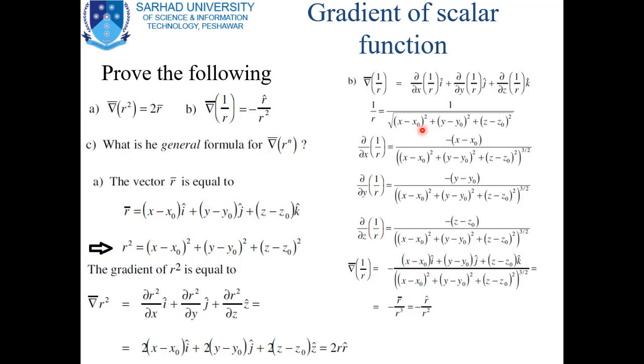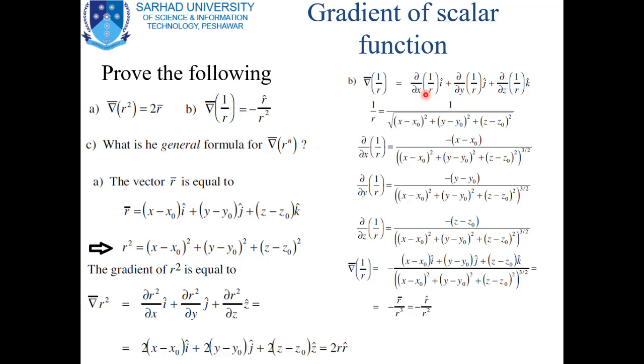And then we will partially differentiate this 1 over r with respect to x, with respect to y and with respect to z. We just put these expressions in the above expression. So this is the value of del over del x into 1 over r, this is the value of del over del y into 1 over r, and this is the value of del over del z into 1 over r.